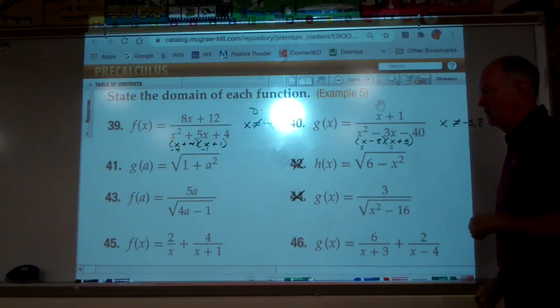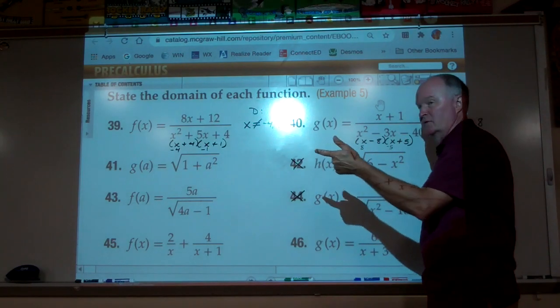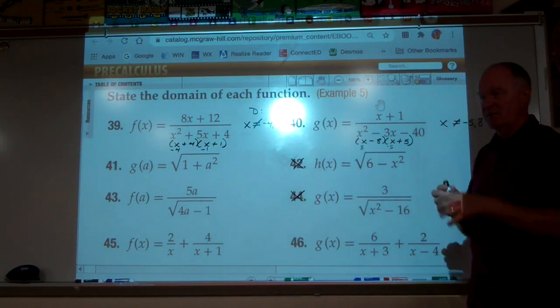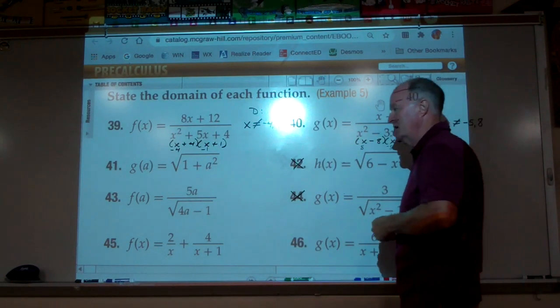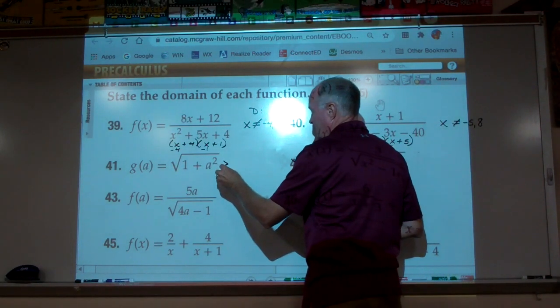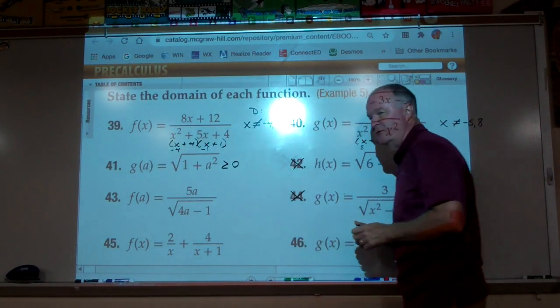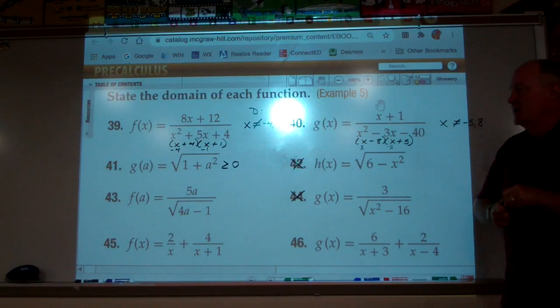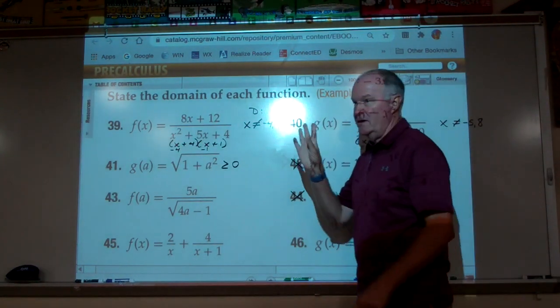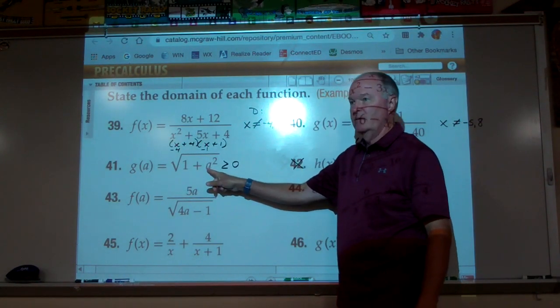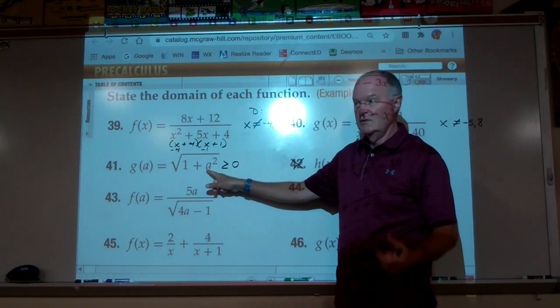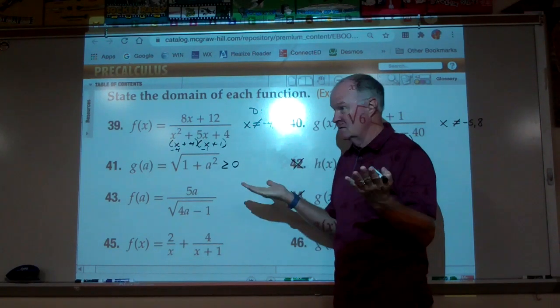41 is a little trickier. It is a square root. So with any of the square roots, whatever's inside has to be positive. In other words, it has to be greater than or equal to 0. Now, the easy way to think of this is, what kind of number do you get when you square it? When you square something, it's always positive.